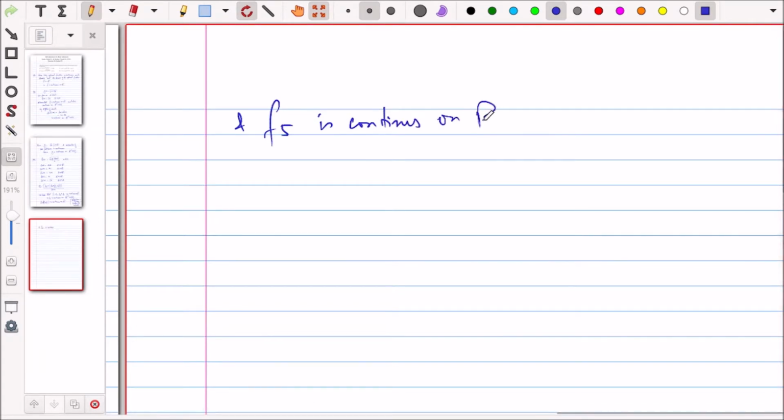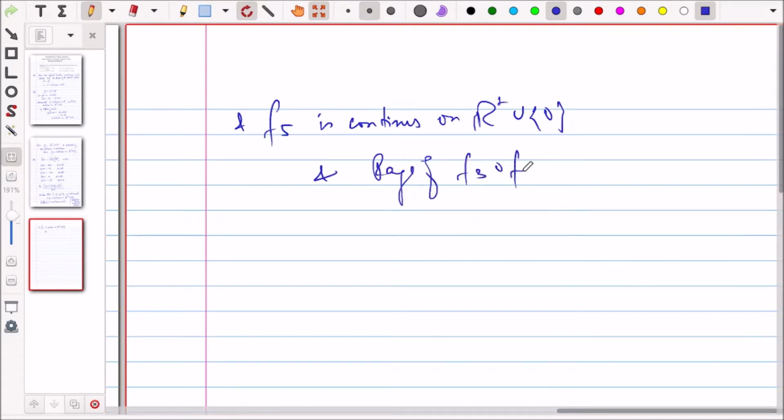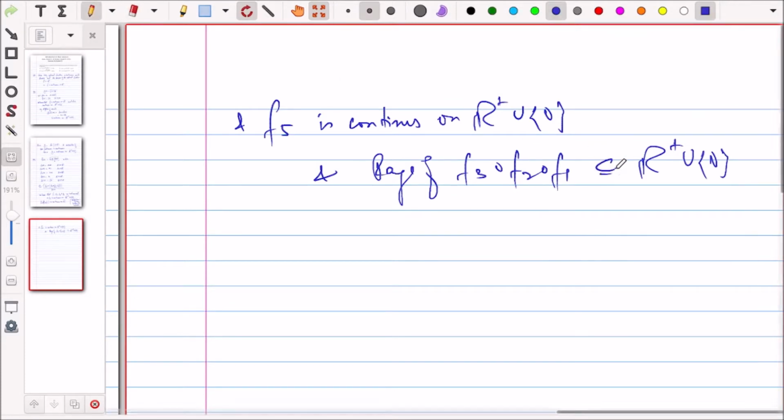continuous on R positive union 0, and the range of f3 of f2 of f1 is R positive union 0, a subset of this. Exactly we don't know, so we can call it a subset of this.